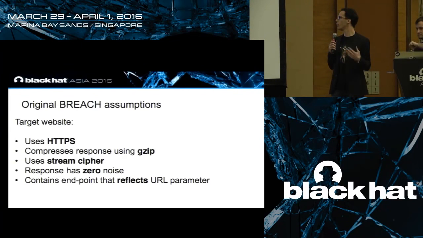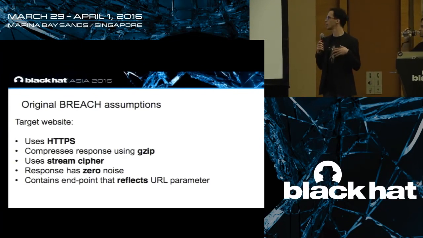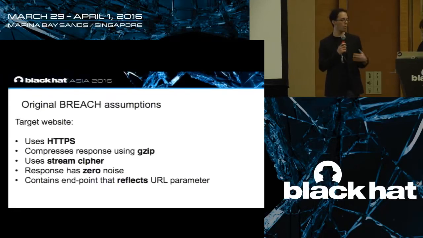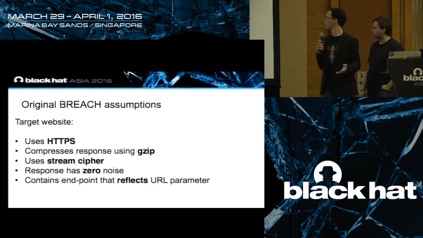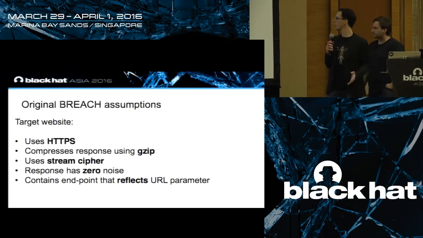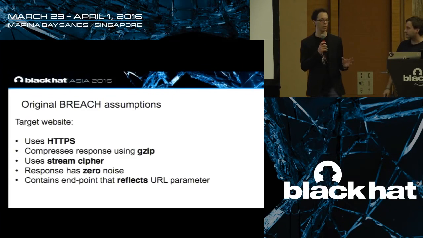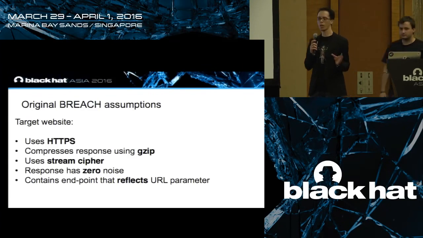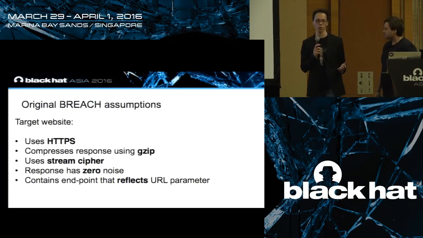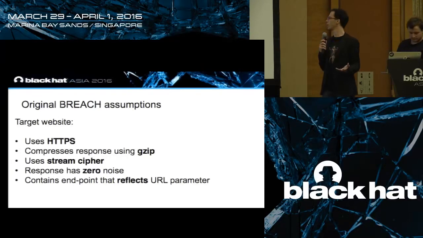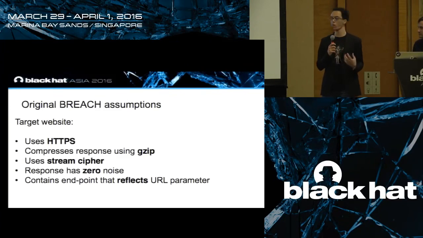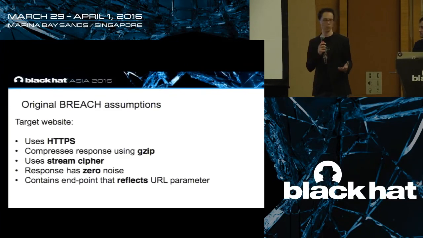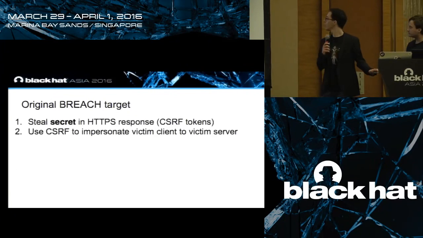Although the original BREACH actually attacked websites that used stream ciphers, we will relax this to also include block ciphers. Finally, the response should have zero noise, and most importantly, it should contain a parameter that is actually reflected inside the response. That is, the attacker should be able to inject some plain text of his own into the URL, into the response.